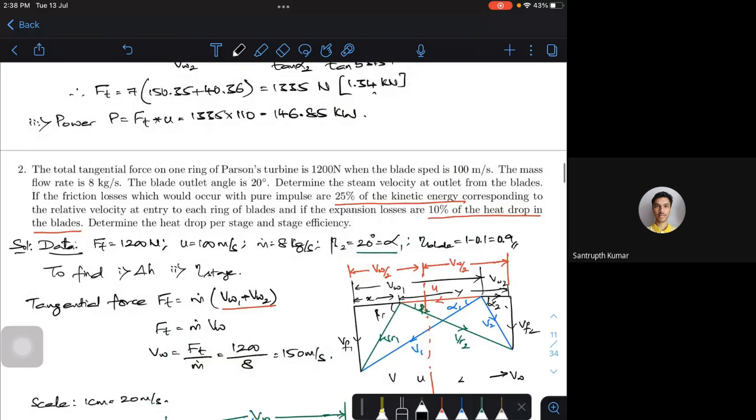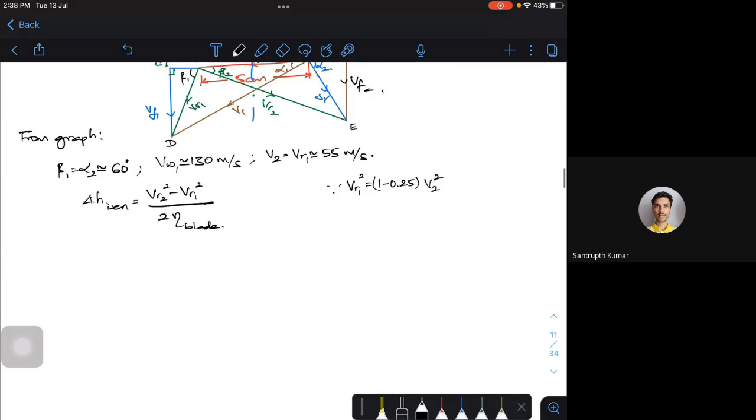If pure impulse were considered, this would have been your VR1. So I have to write this quantity as 0.75 V2 square. That's the meaning of it.